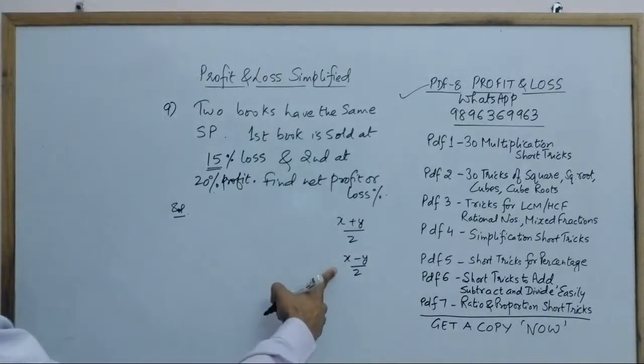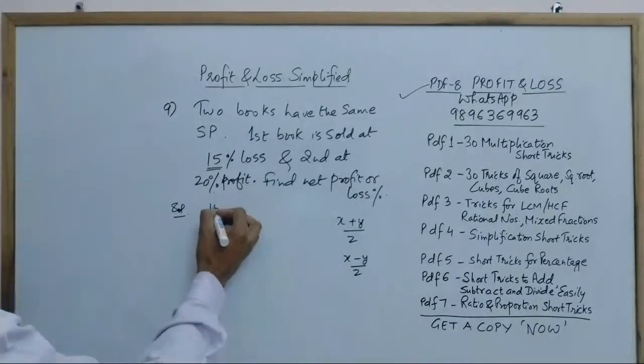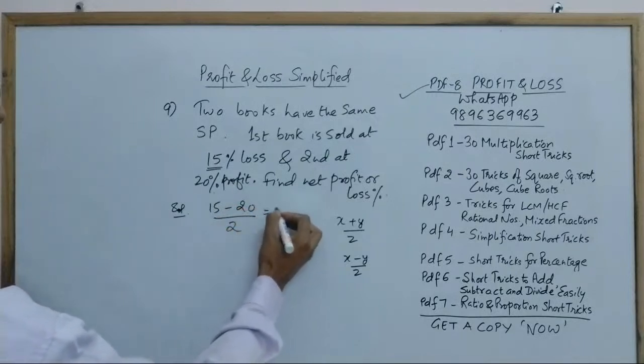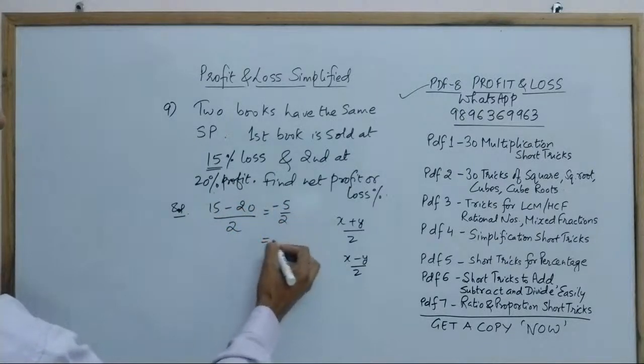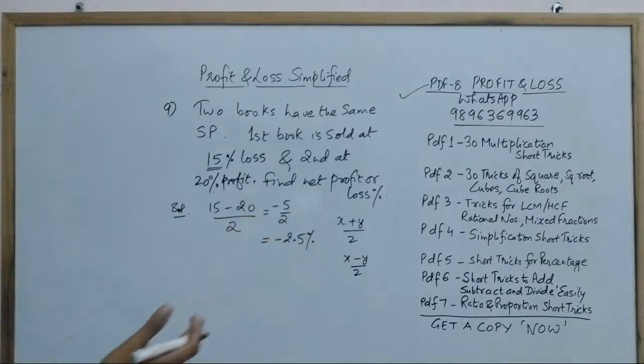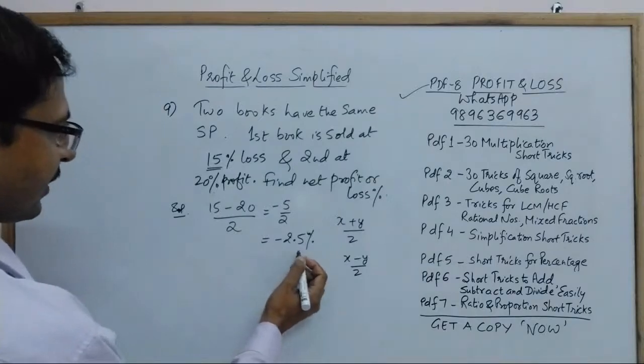So x minus y by 2 means x is 15 and y is 20, by 2. So this is minus 5 by 2, which comes out to be minus 2.5%, and minus means loss. So it is very important here to quote that the person is having a loss of 2.5%, not a profit of 2.5%, right?